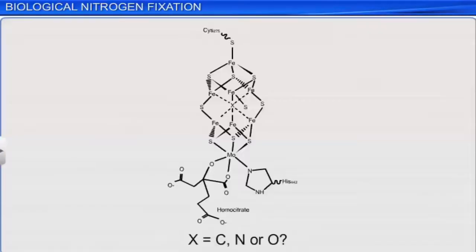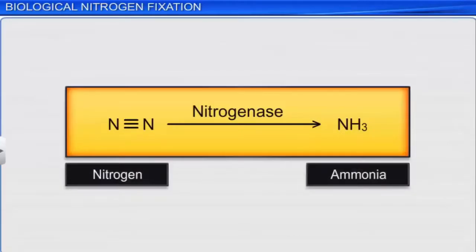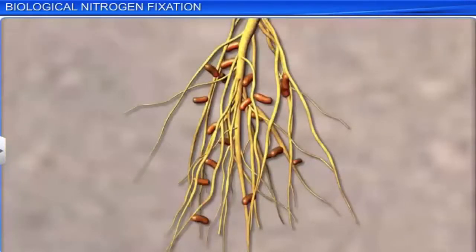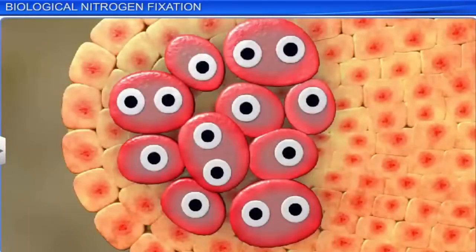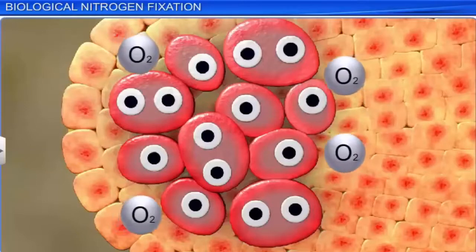The enzyme secreted by Rhizobium, nitrogenase, is a molybdenum-iron protein and acts as a catalyst in the conversion of nitrogen to ammonia. As nitrogenase is sensitive to oxygen, the nodules are adapted to protect the enzyme from exposure to oxygen. Leghemoglobin, the iron-containing protein in the root nodule, acts as an oxygen scavenger and prevents its exposure to nitrogenase.